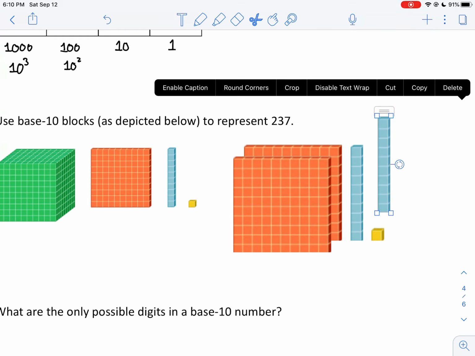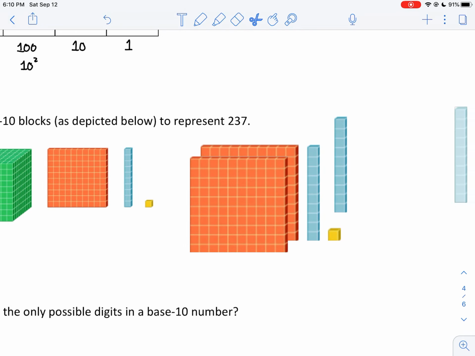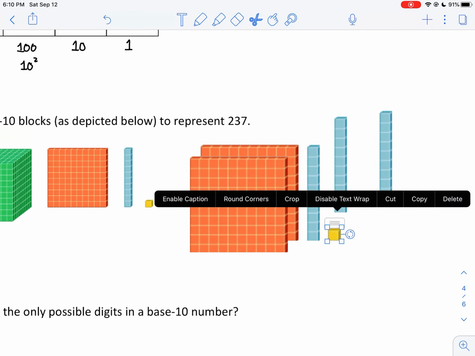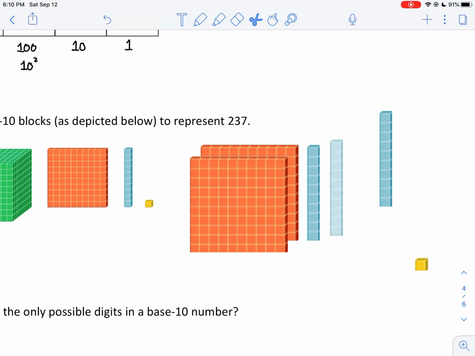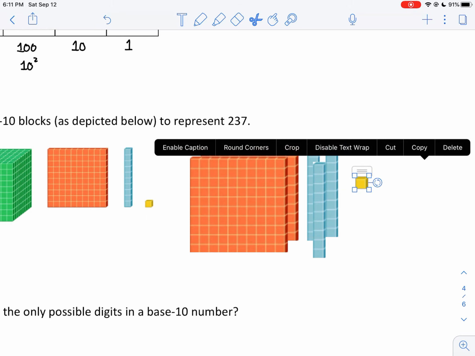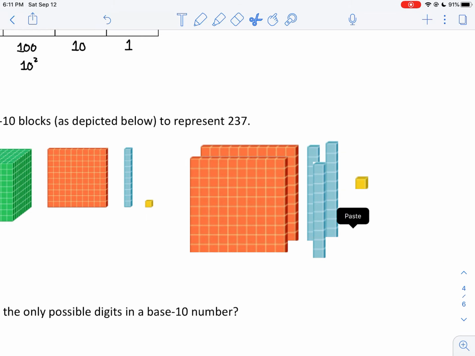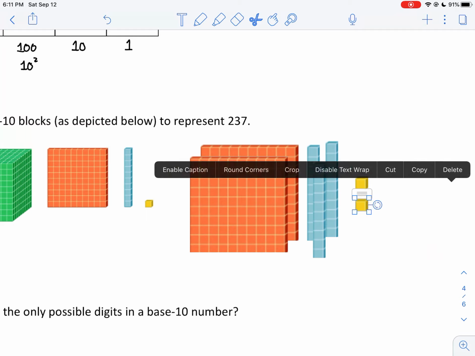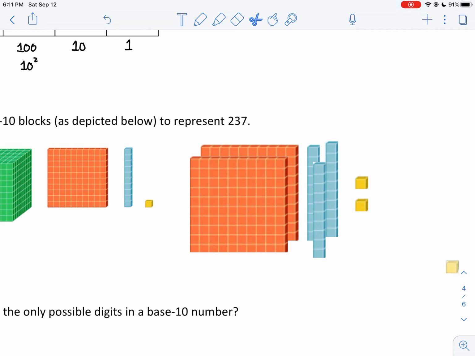Paste. And let's paste another. There it is. Let's move that guy out of the way a little bit. So sometimes these are stacked. Doesn't really matter how you stack them. Anyway, there's 3 tens. And then we want 7 ones. So we're going to paste a bunch of these until I have 7 of them.